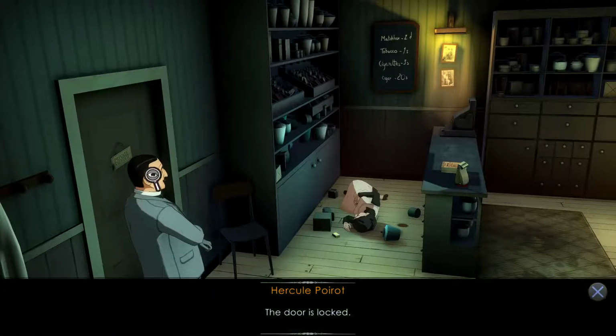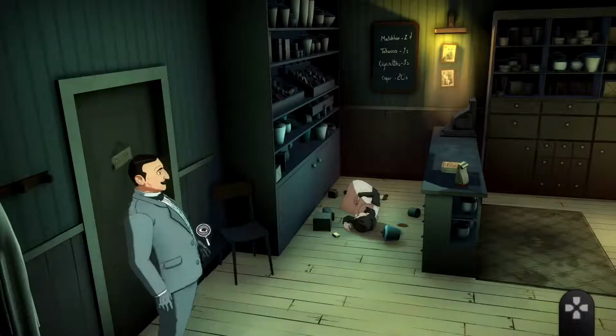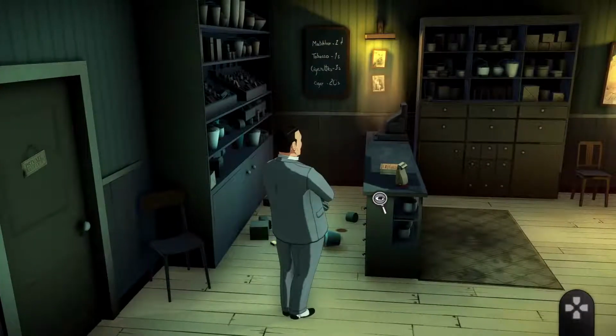The door is locked. What am I missing? Oh, cash register.